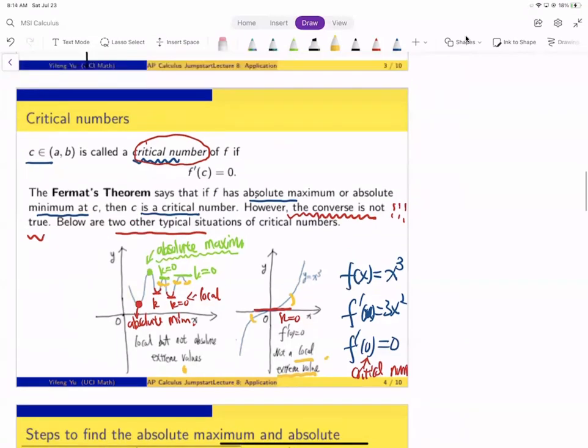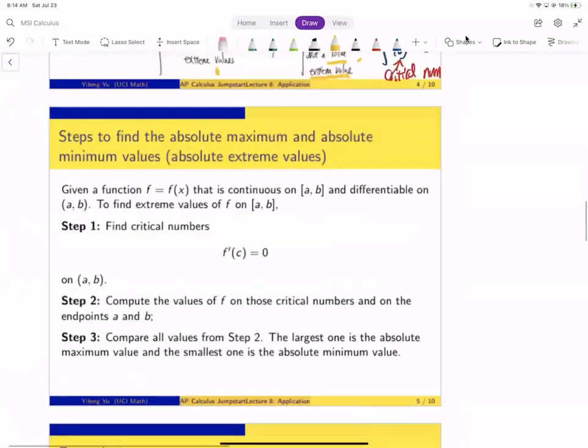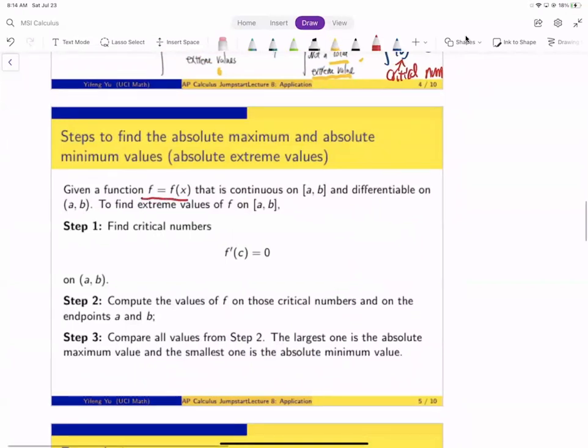Now, if you combine those things together, we have the steps to find the absolute maximum and absolute minimum. Suppose I give you a function f(x) which is continuous on a closed interval [a, b], and we want to find extreme values, meaning absolute maximum and absolute minimum. How should we do it? Step one, we find the critical numbers, that means the places where the derivative is 0.